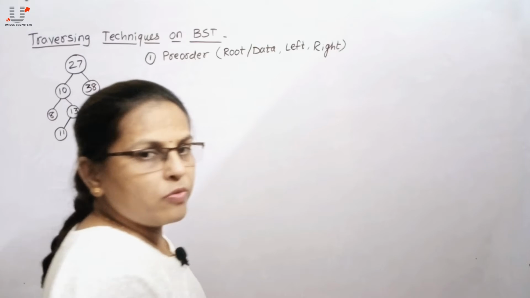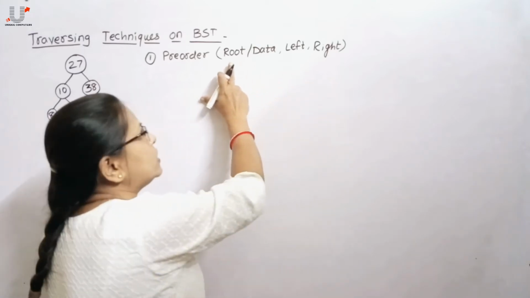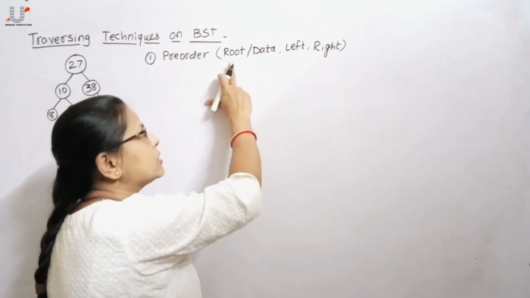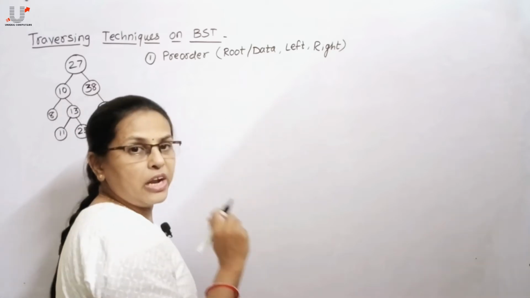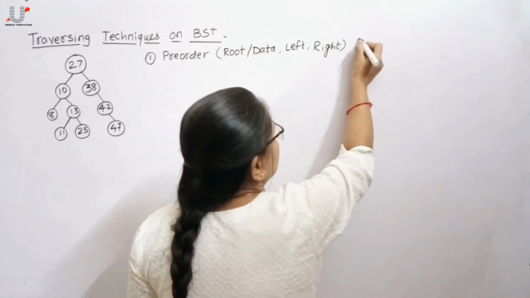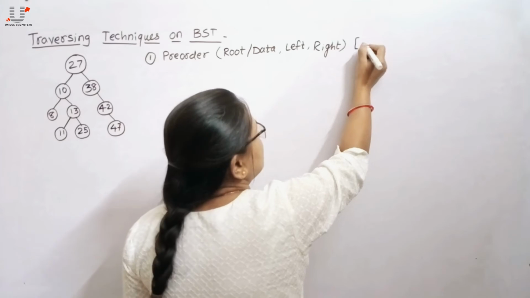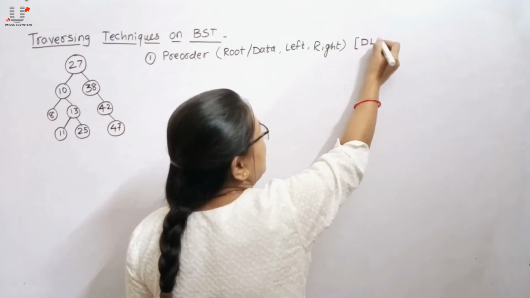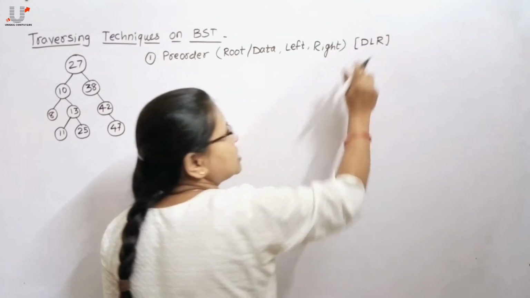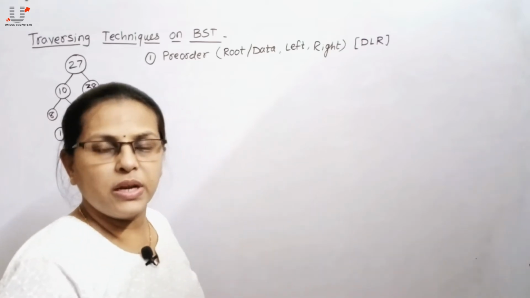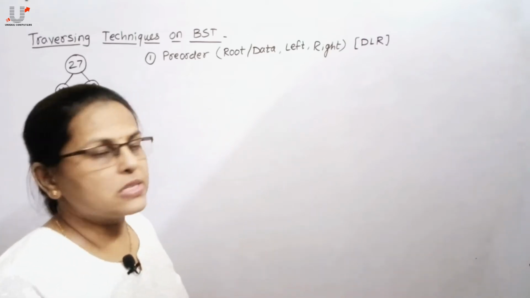In shortcut form, instead of using root, I prefer to write the data part. That means pre-order means DLR.